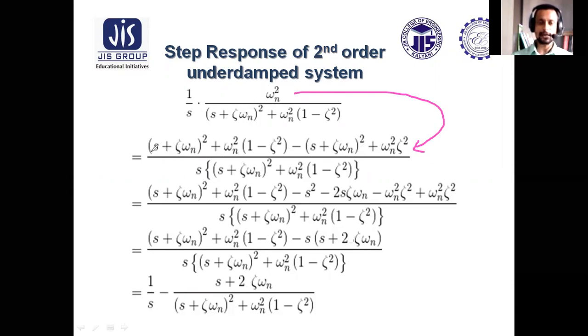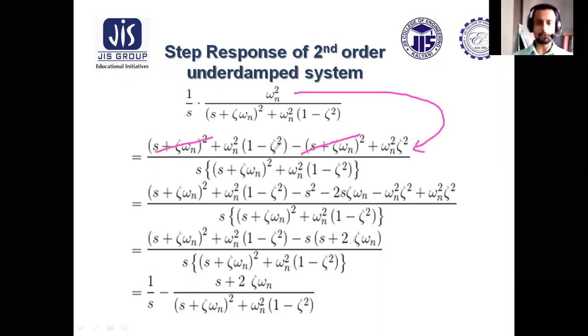See, first we have taken (s plus zeta omega n) whole square plus omega n square into (1 minus zeta square). So whatever is in the denominator part is taken in the numerator, minus (s plus zeta omega n) whole square is taken extra. So minus of (s plus zeta omega n) whole square. Finally this will be cancelled, isn't it? We have to keep omega n square at the numerator.